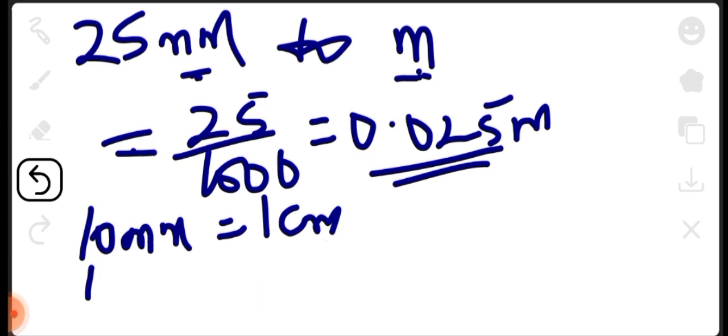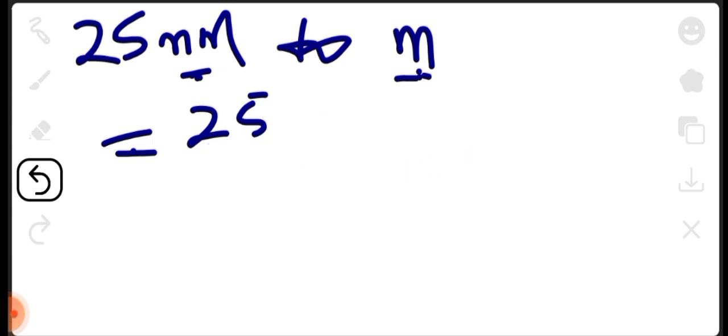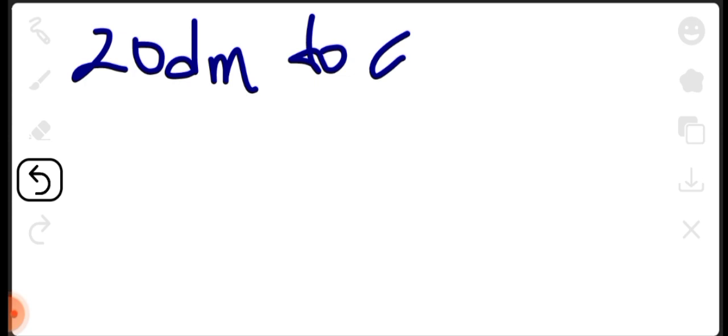Now let's look at something like this. Let's say we want to convert from decimeters to centimeters. For example, convert 20 decimeters to centimeters. What are we going to have here? Remember, decimeter is higher than centimeter. So if I'm converting now, I'm going to multiply. What is the relationship between decimeters and centimeters? 10.